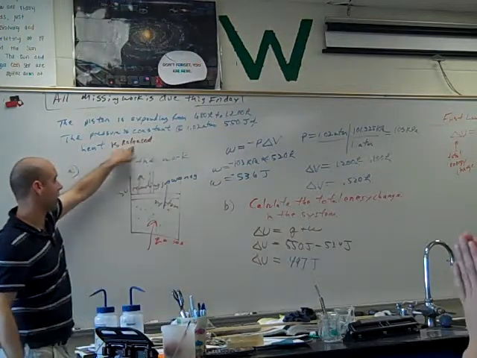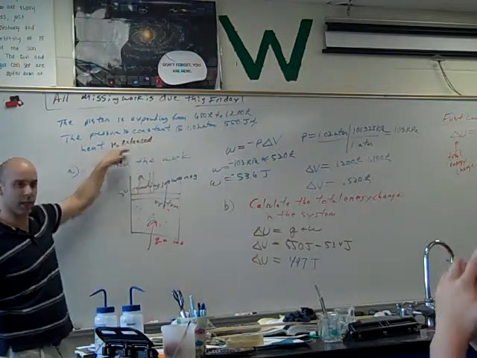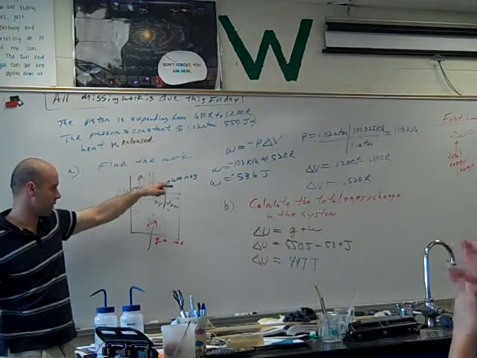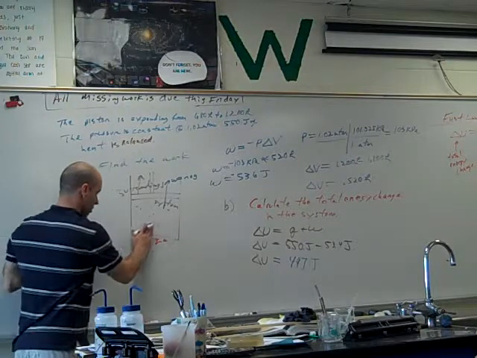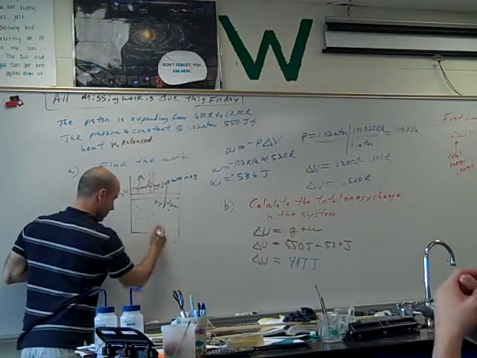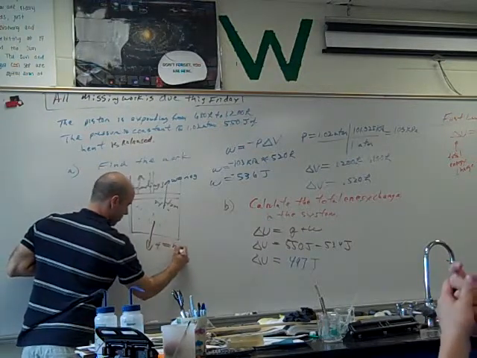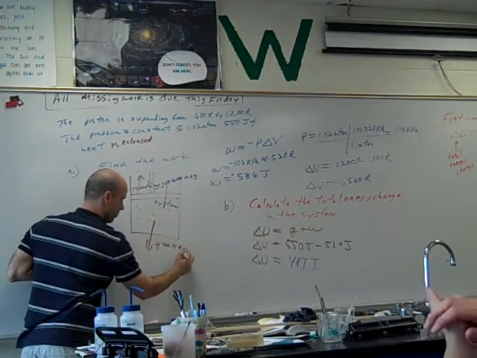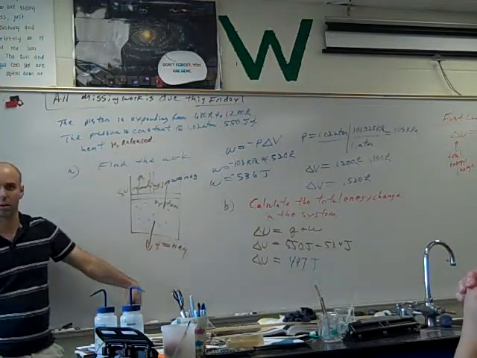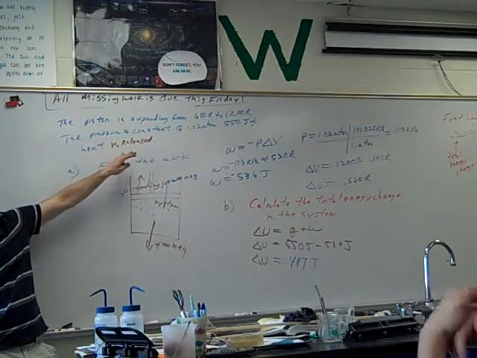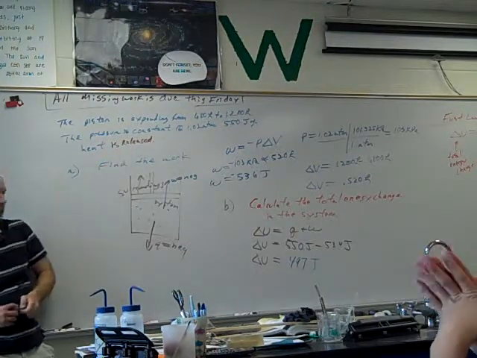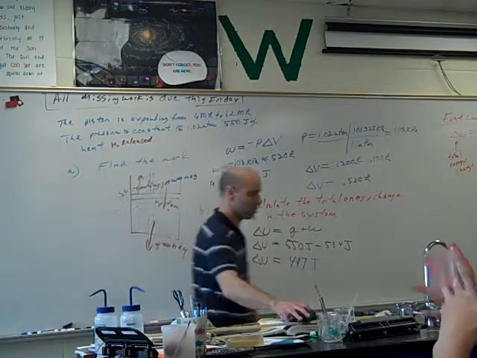Because when you say heat is released, that means the value is negative. Heat's coming out. So just be aware that in some textbooks, they're expecting you to put that negative sign in for you.